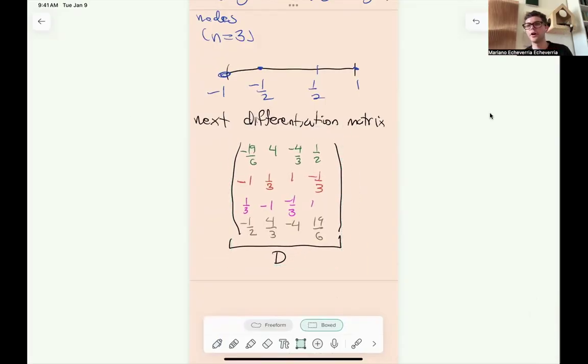And if you notice, the idea is that instead of solving the differential equation directly at every value of x, you try to solve it at the nodes.